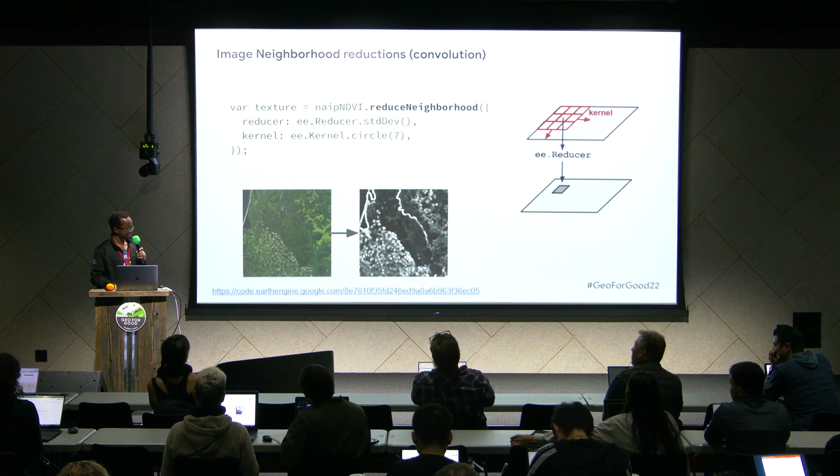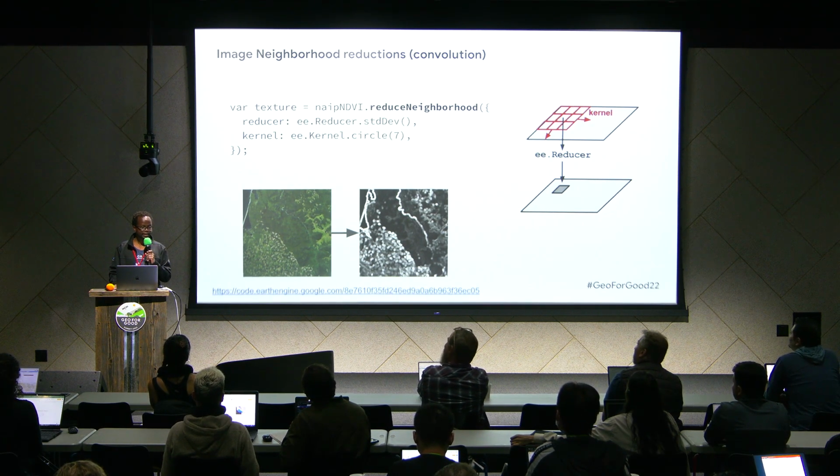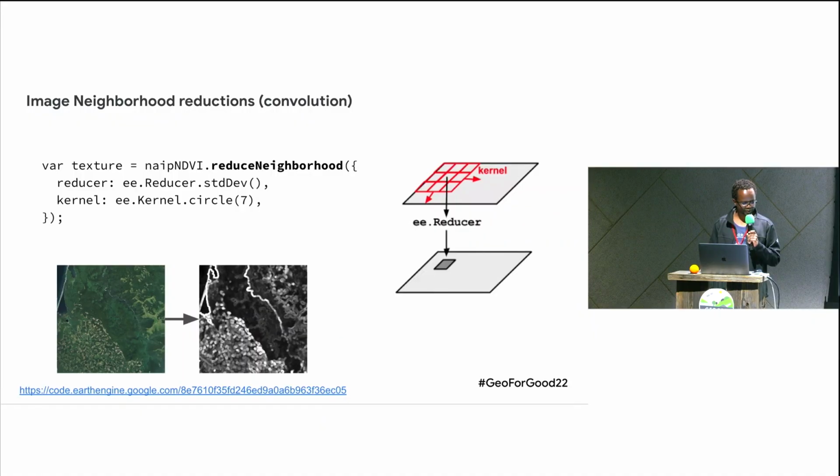All right. You can do image neighborhood reductions as well, also referred to as convolution. And we do that using the reduce neighborhood function. So in this case, the reduction will occur in a sliding window over the input image. So in the top right there.